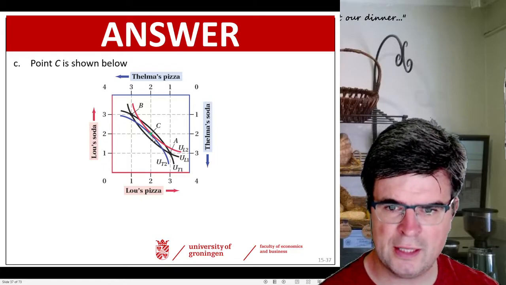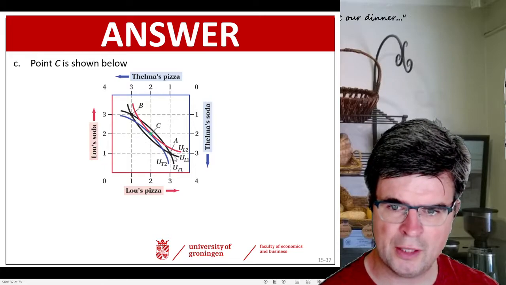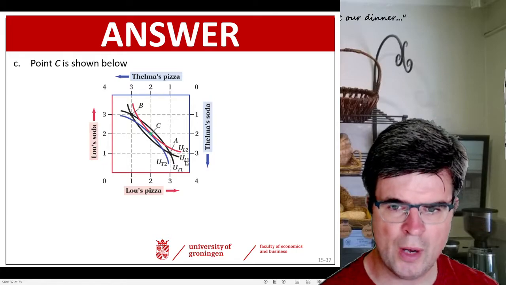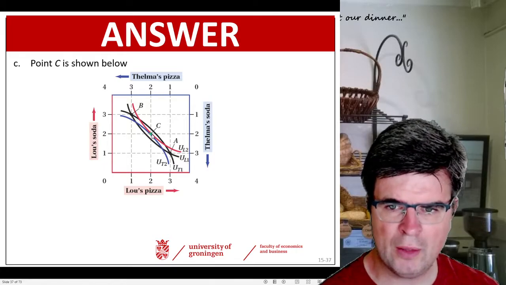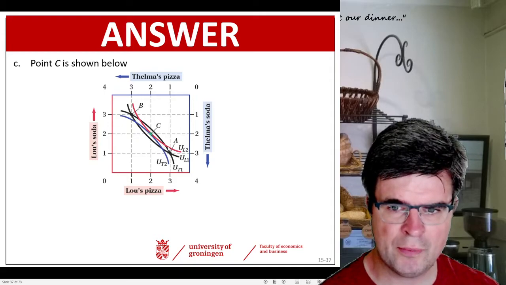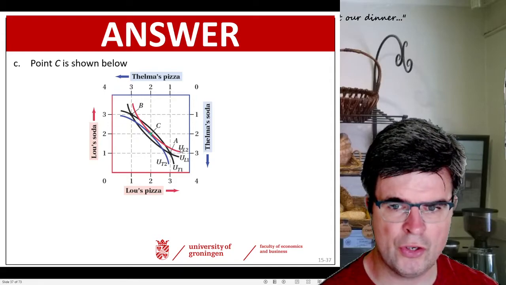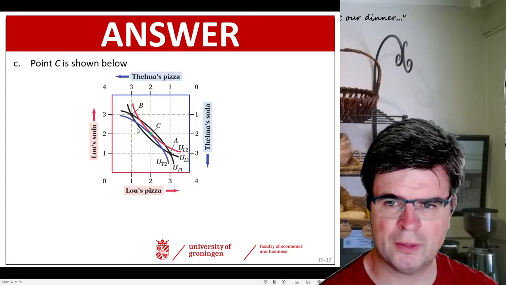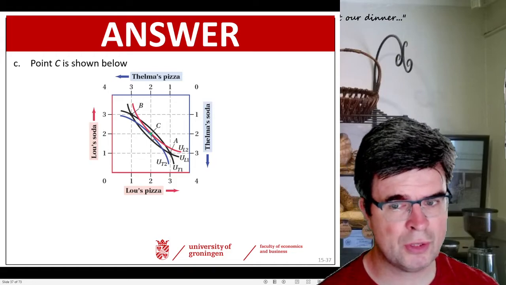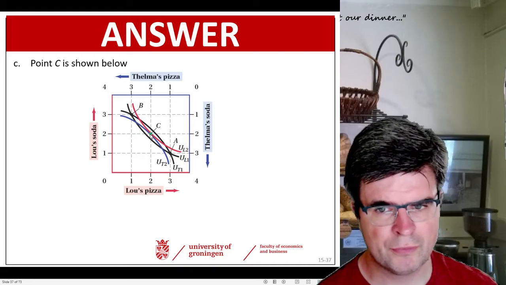And as you can see, if you compare it to the old indifference curve associated with allocation A, which is for Lou UL1, then the new allocation C is associated with a higher indifference curve UL2, the red one that is depicted over here. So the new allocation certainly made Lou better off.